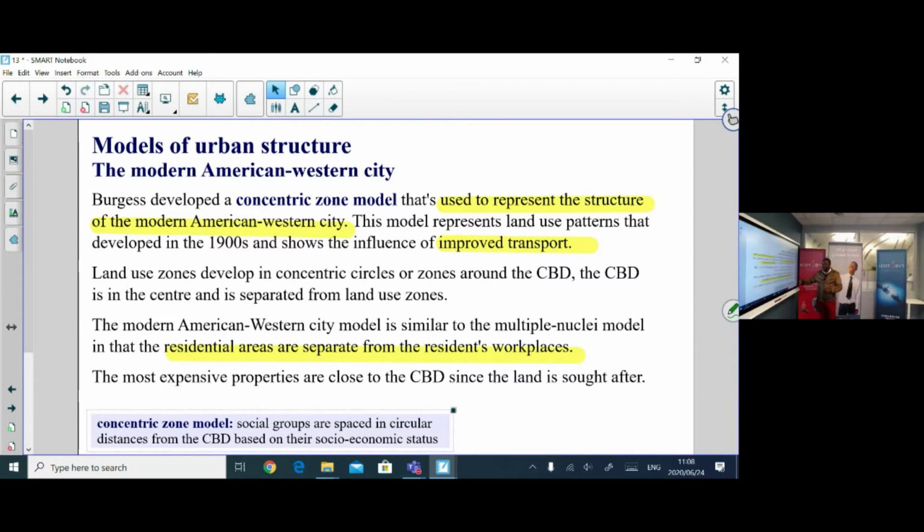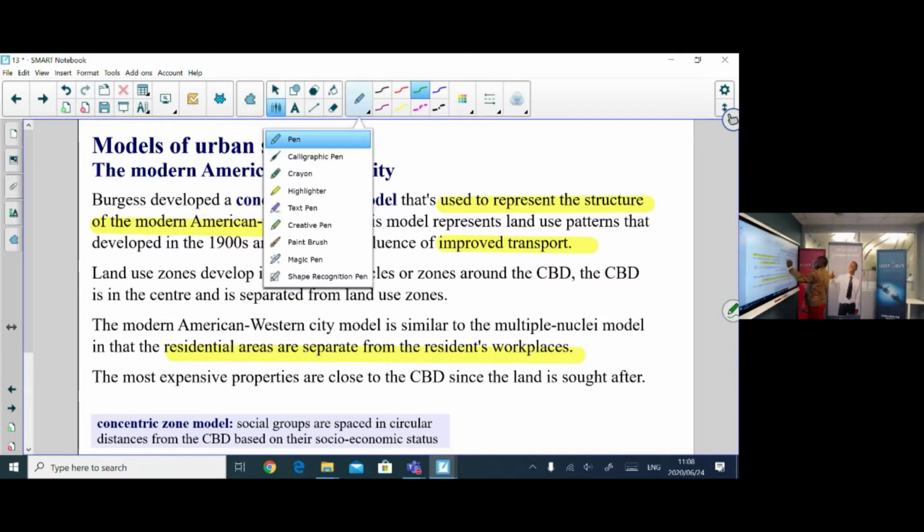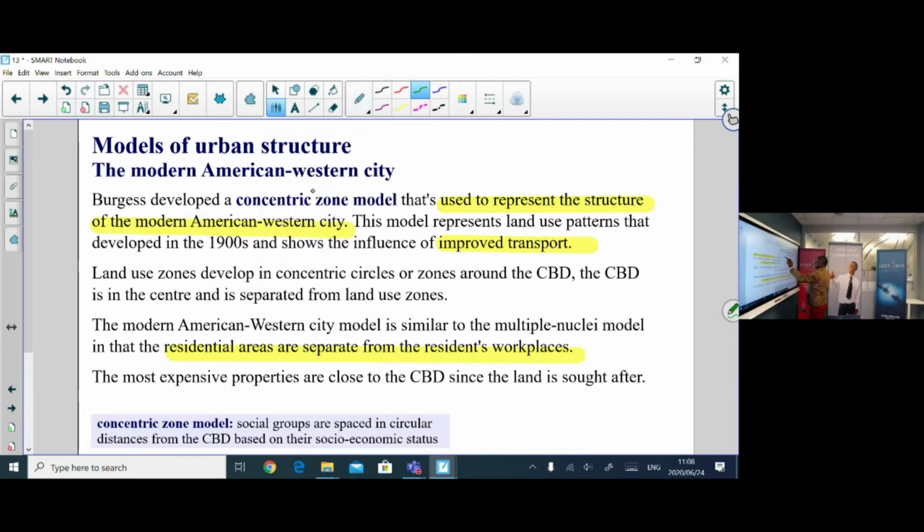Whereas in this one, the most expensive properties are close to the CBD since the land is sought after.